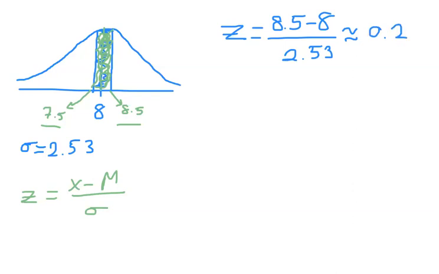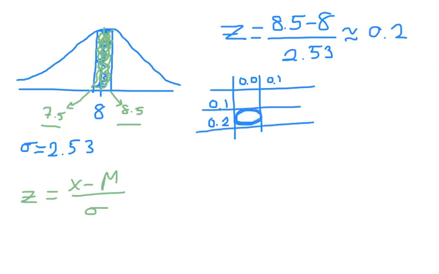Then on your Z table you look at the row 0.2 and the column 0.0. The value I see there is 0.0793. And in terms of percentages, that is 7.93%.